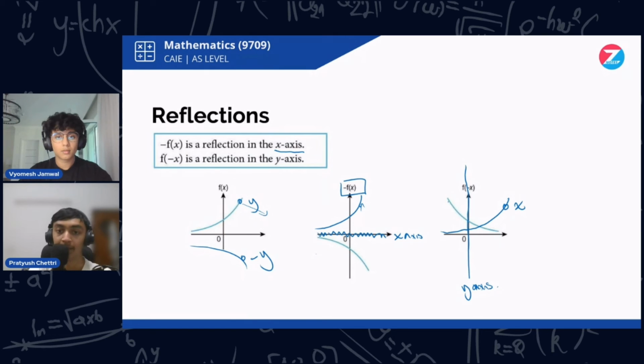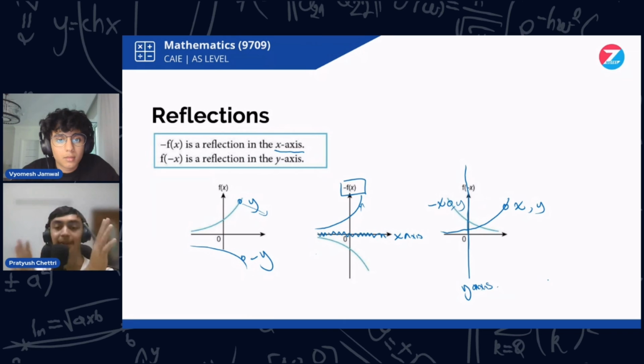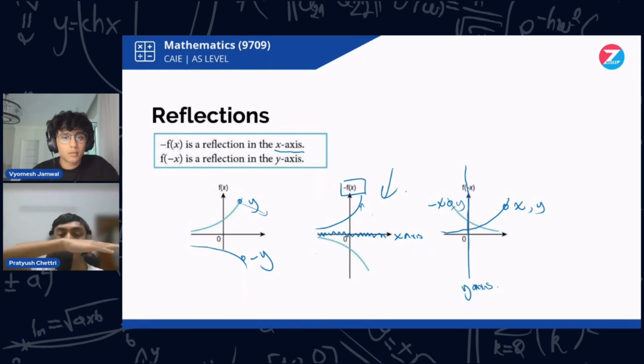Now this x value is negative x, but has the same y value. So effectively, it's just flipped, reflected along the vertical axis. Whereas this one is reflected along the horizontal axis. Sometimes it gets confusing when you say x and y, so I like to say horizontal and vertical.